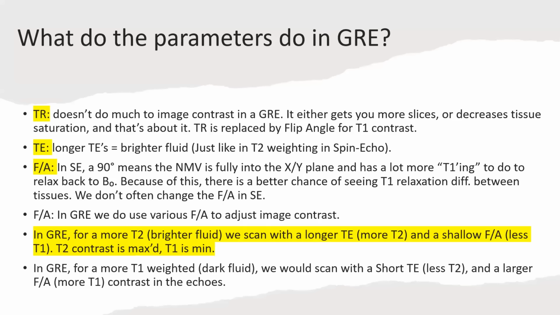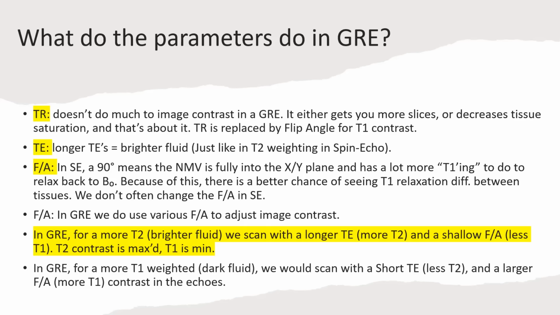So when you knock those protons down, when you nutate them into the 90 degree or transverse plane, they have a lot more T1ing to do. T1ing, that's a Stevieism. They've got to go from the transverse plane into the longitudinal. So because they've got a lot more distance to go, there's a much better chance that you're going to see T1 relaxation differences between them.